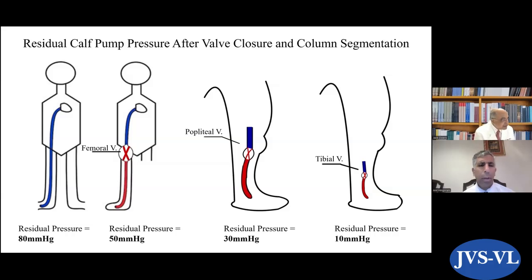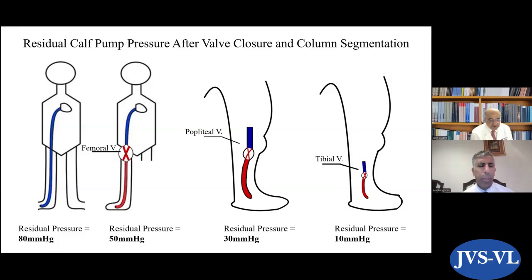On the left side, everything is open, and the pressure at the foot level is 80 millimeters of mercury, because you have a hydrostatic column extending from the foot all the way up to the heart. Now, if the femoral valve closes, and that is in the groin region, the pressure in the foot will be reduced to 50 millimeters of mercury.